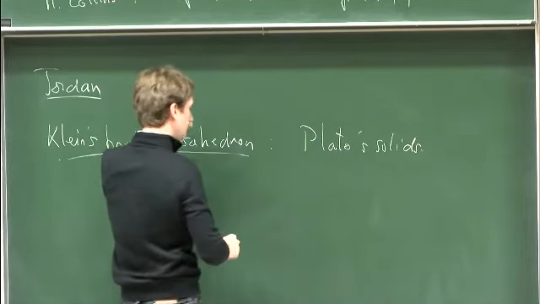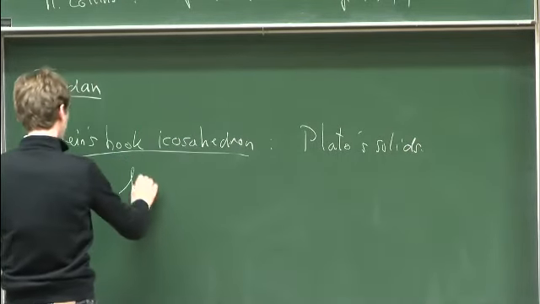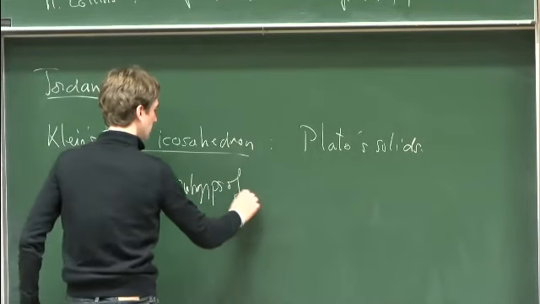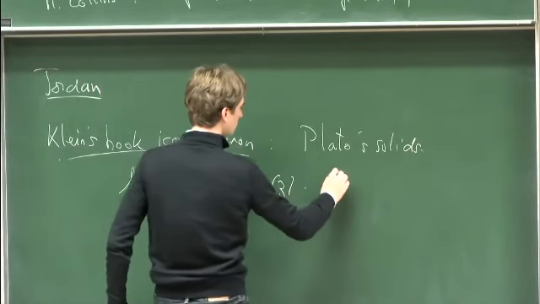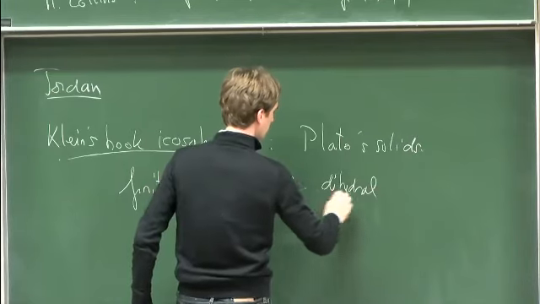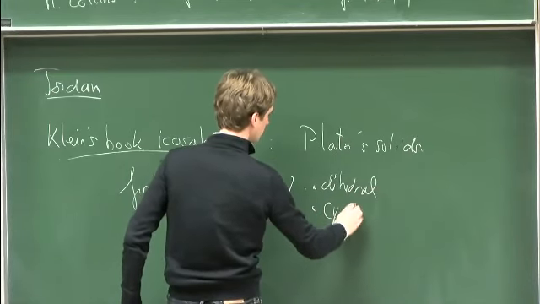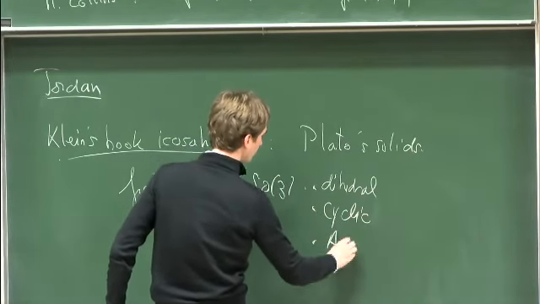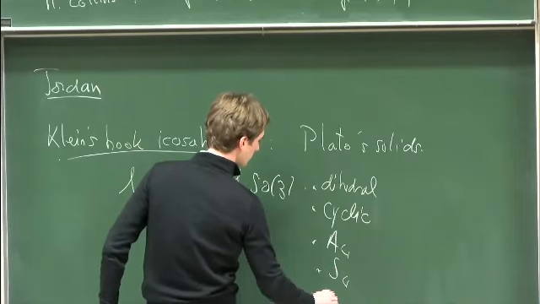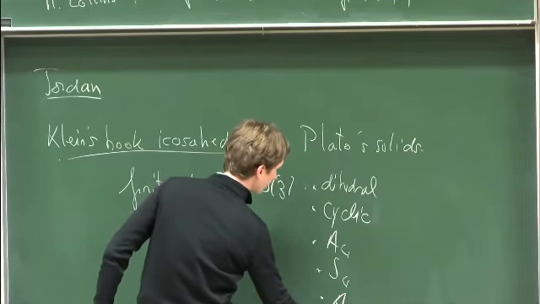Basically, the finite subgroups of SO(3) are the dihedral group, the cyclic group, and you have A4, S4, and A5.